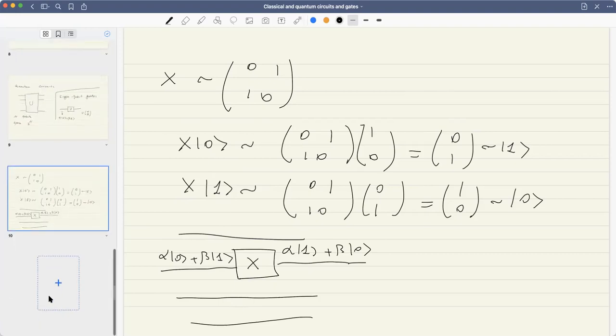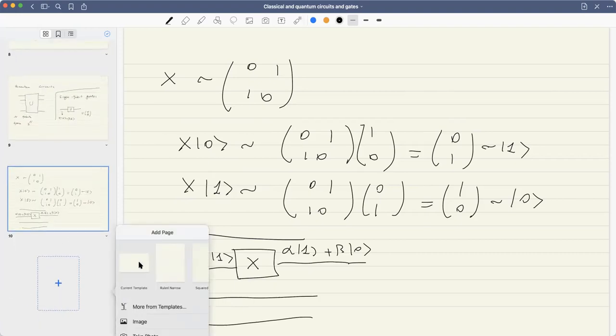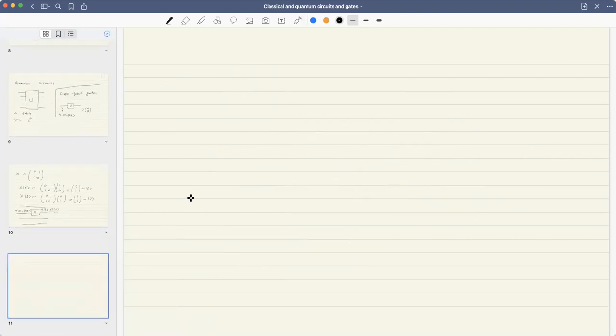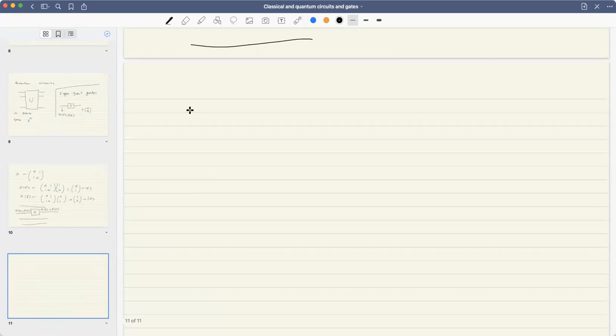So let's do an example to make this idea a bit more explicit. Suppose I have 2 bits and I have an X here. This is the first one, this is the second one, say A and B. They go through.